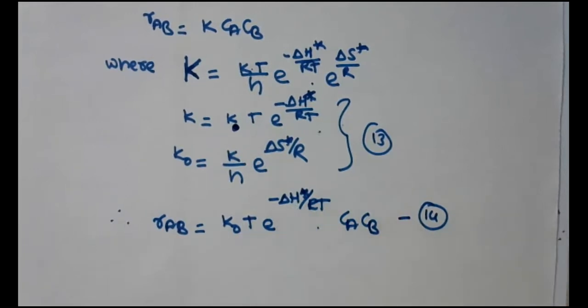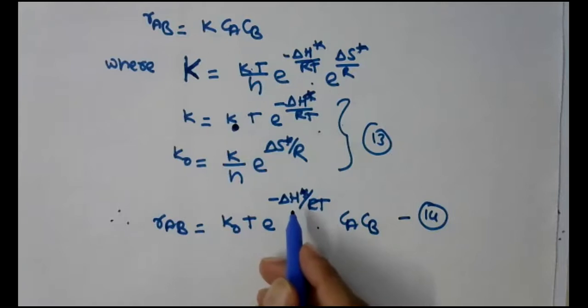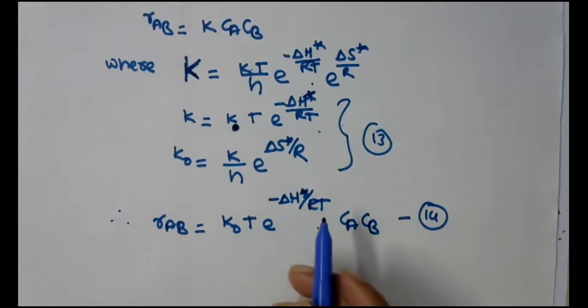This delta H star represents the enthalpy change during the reaction A plus B reacting reversibly, which gives the product AB.